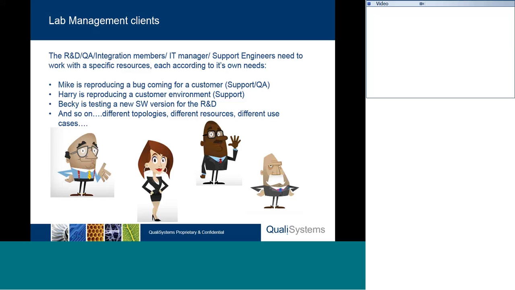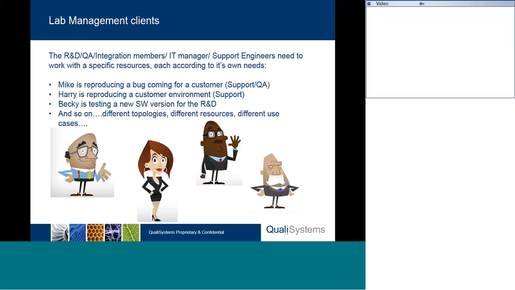Harry is reproducing a customer environment in a support session with his customer. So we need to configure and build a topology from scratch. And now we need to build the whole environment with a specific equipment, with specific configuration files, and specific software versions, for example.